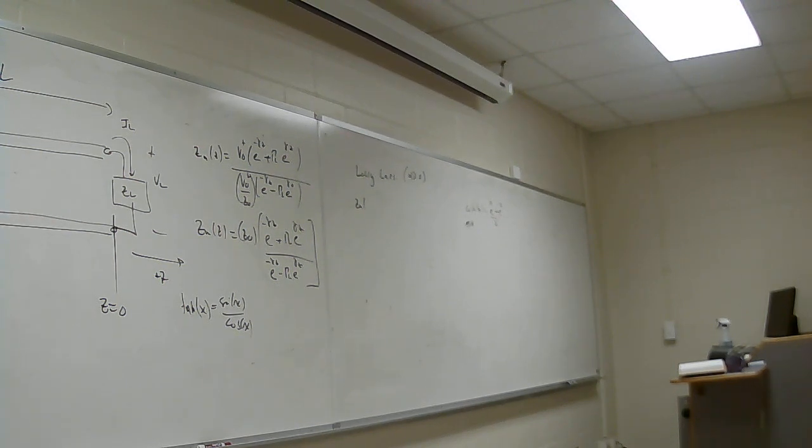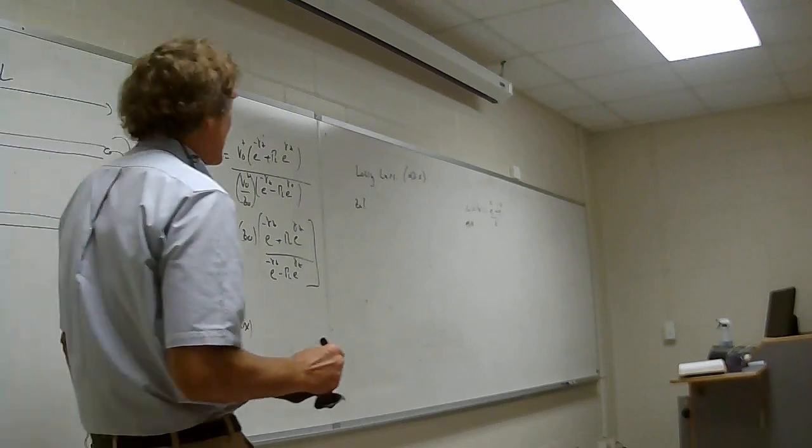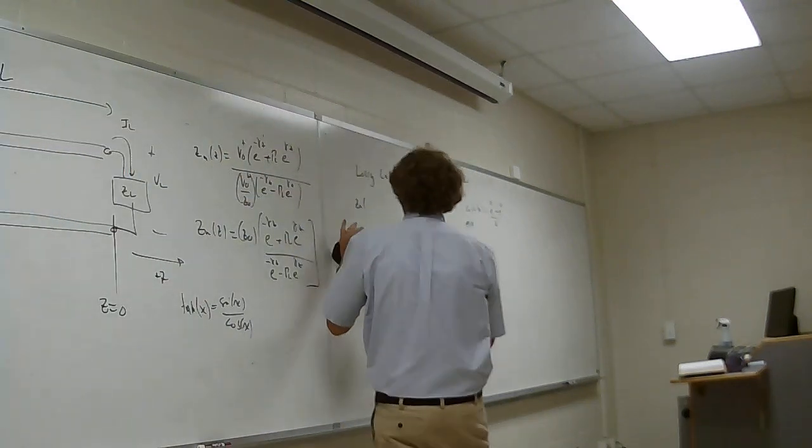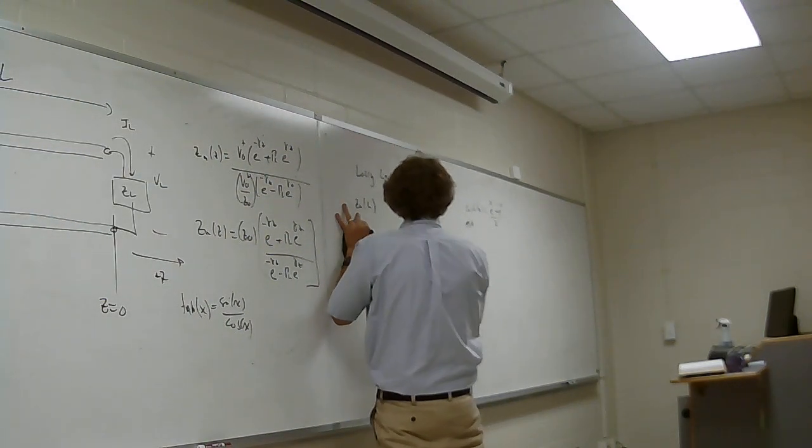Do y'all follow me on that? So what they normally do is put z in as a function of L, length, and they get rid of the negative sense.